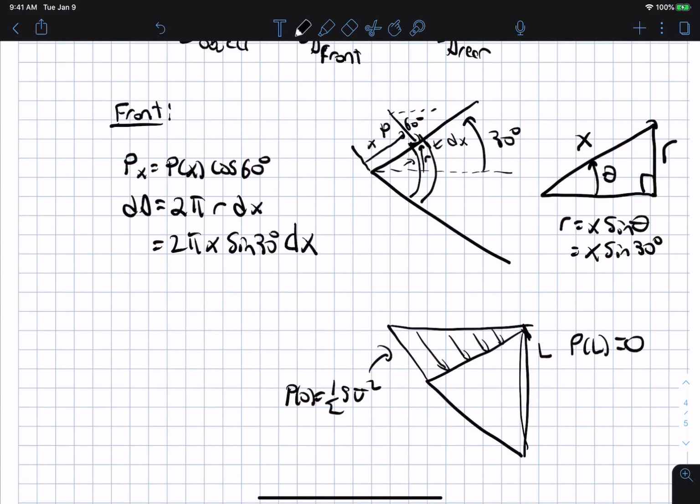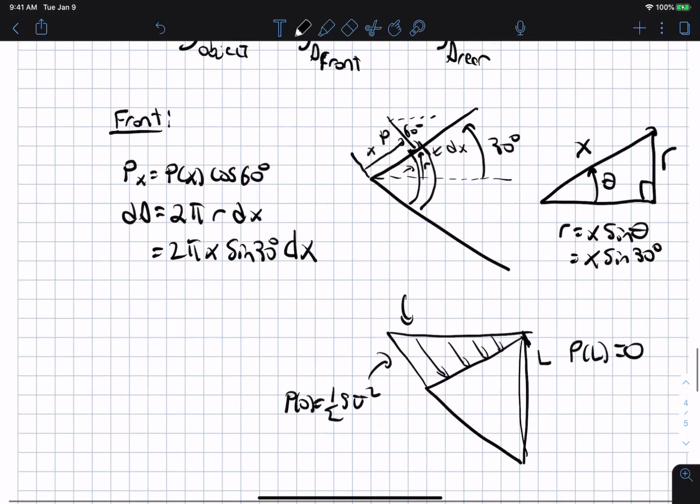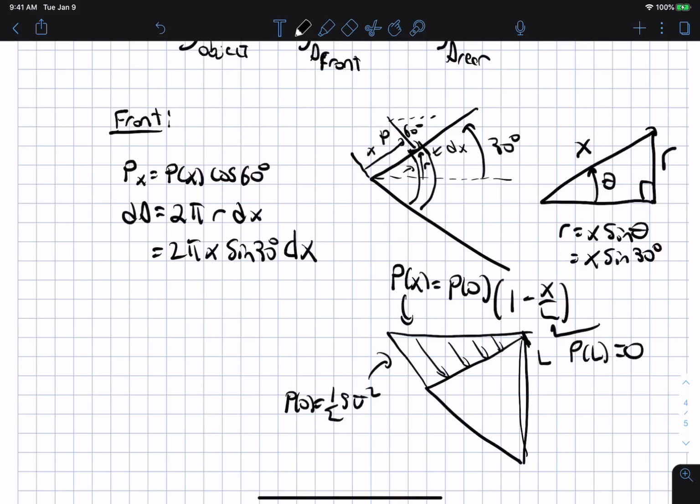So basically, you can fit a line to those 2 points, so we know that P of x, the pressure here as a function of x, equals pressure at 0 times 1 minus x over L, where L equals 0.1 feet.